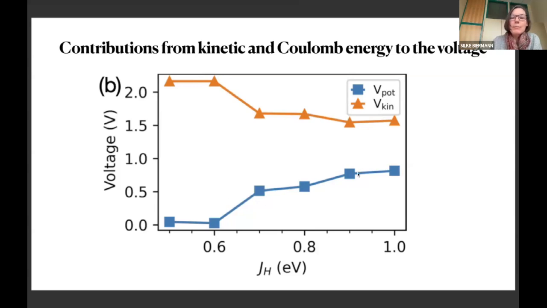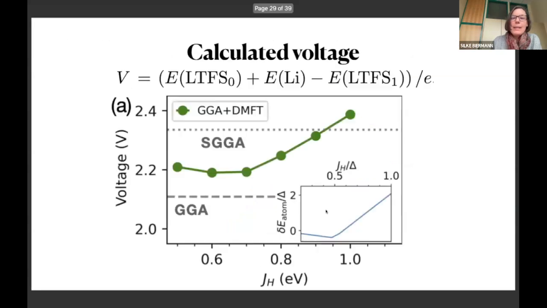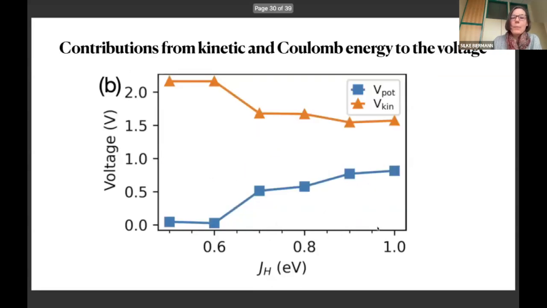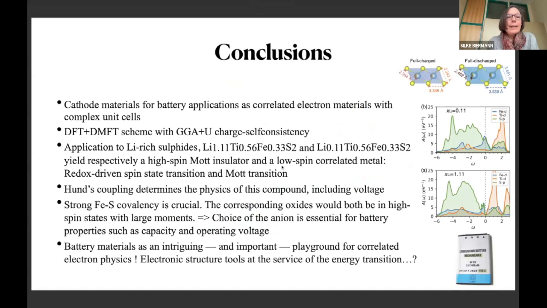And what you can see from that is that the dependence stems more from the potential energy, from the Coulomb part of the total energy. In particular, the increase here is, as anticipated, due to the Coulomb interaction and in particular the Hund's coupling. Okay, with this I conclude.